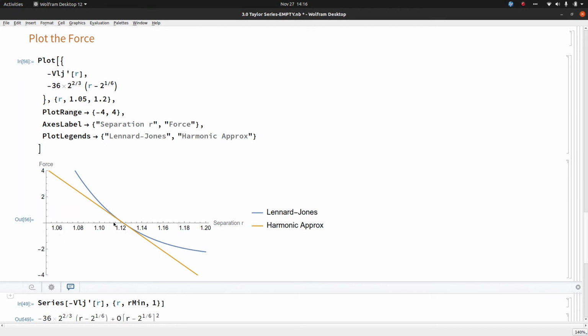So anything in this range, so very small stretching, we can approximate pretty well, where this orange curve, the harmonic approximation, and the original potential overlap. So for small deviations from that rest bond length, this is a good approximation.